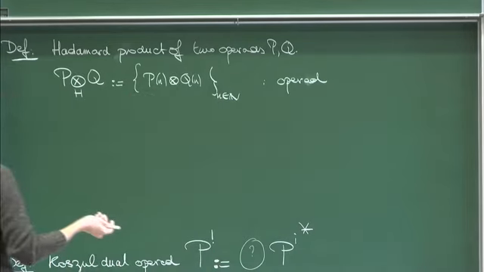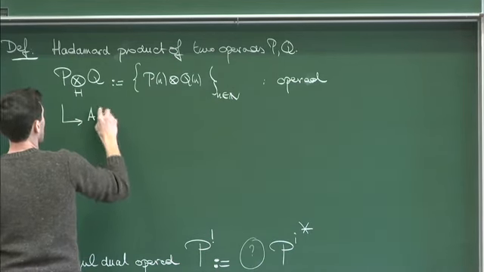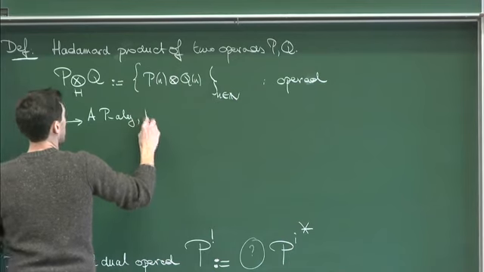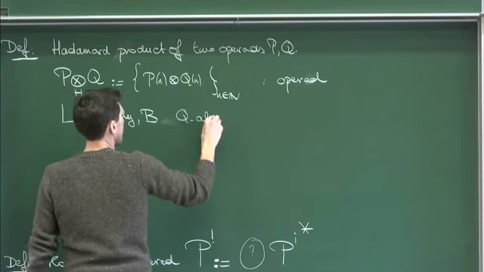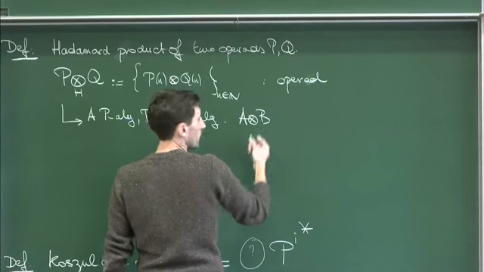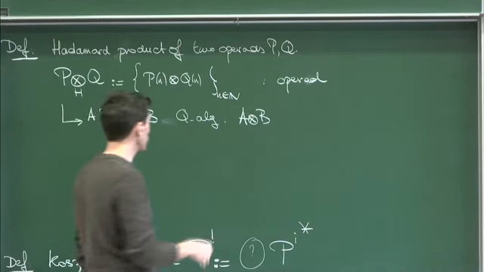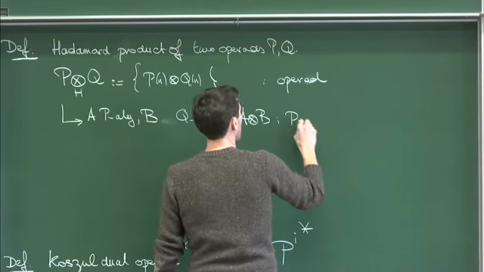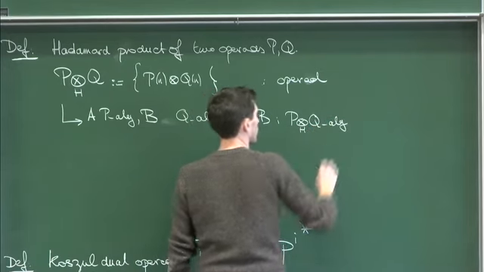It answers a universal question. If you have A, which is a P algebra, and B, a Q algebra, then A tensor B, the classical tensor product of K modules, inherits a P Hadamard Q algebra structure.